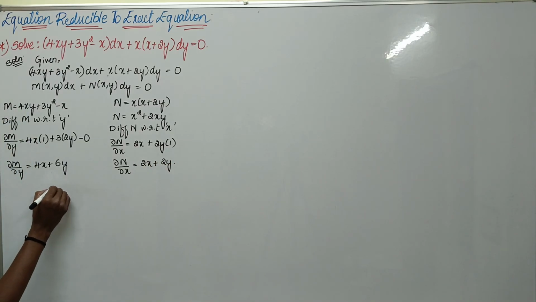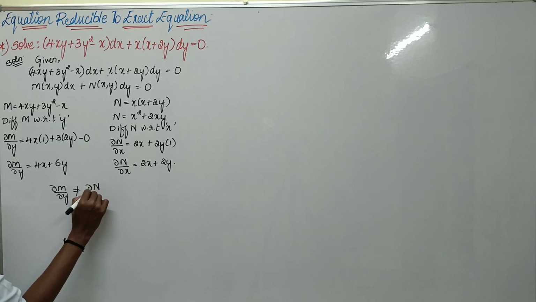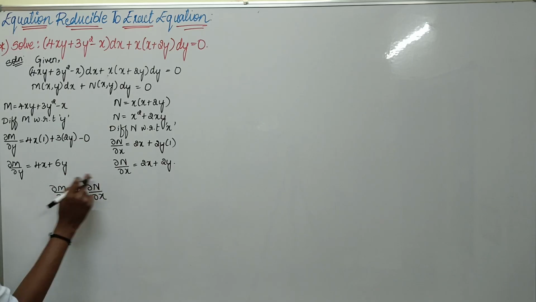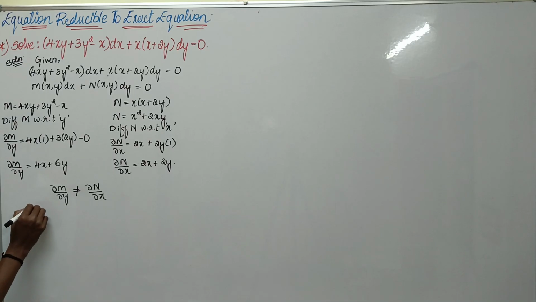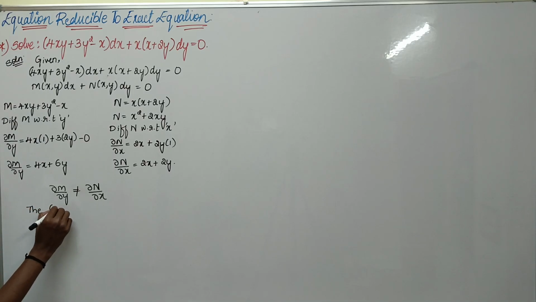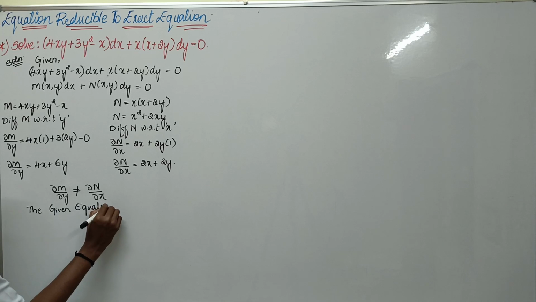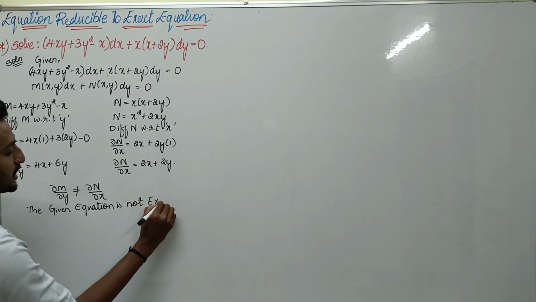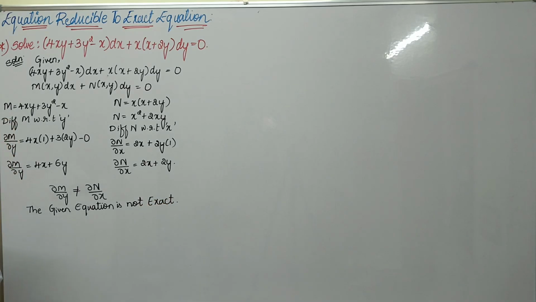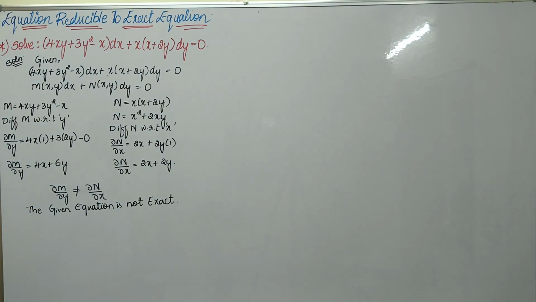Now if you check, ∂M/∂y is not equal to ∂N/∂x, these two are not the same. If these two are not the same, then we call the given equation not exact. But I need to reduce it to an exact equation, that is our main aim, that is equation reducible to exact equation. How?